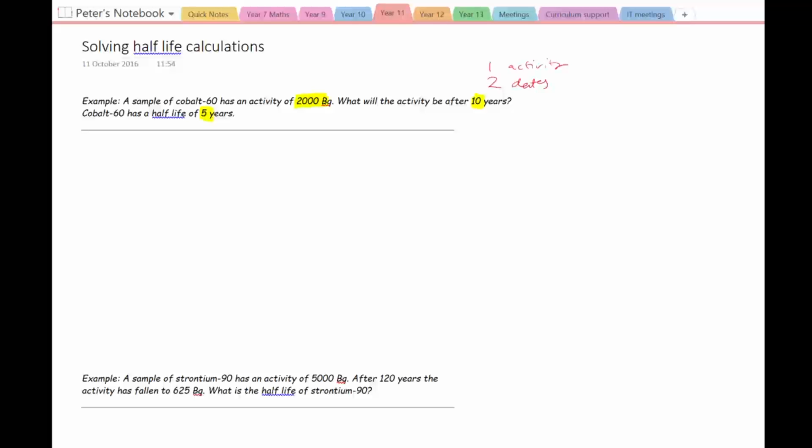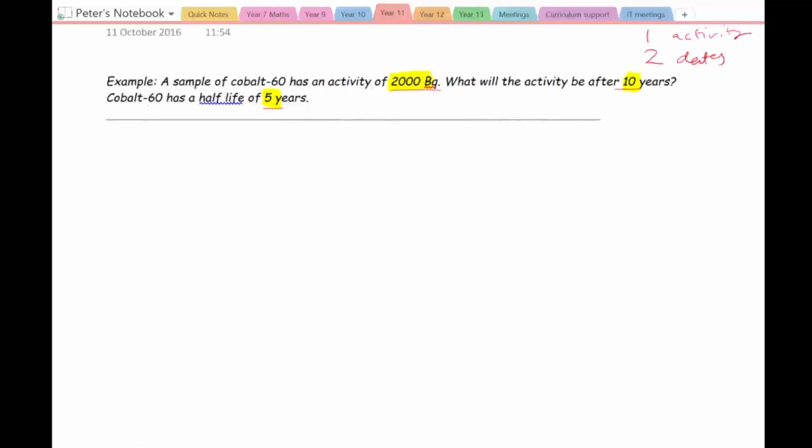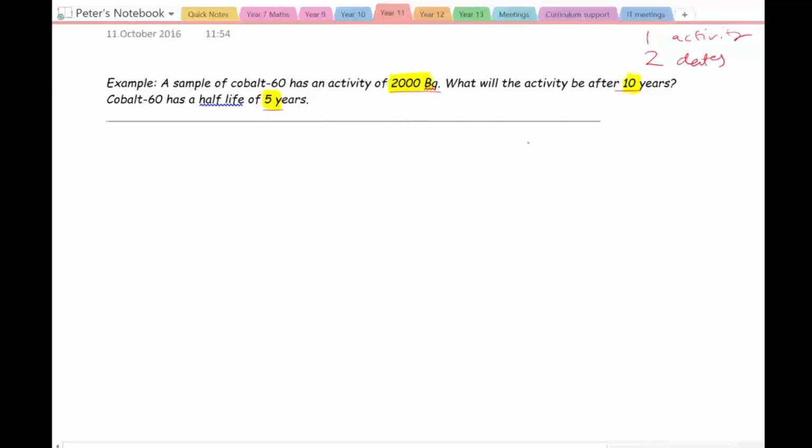So the question says, what will the activity be after 10 years if the half-life is 5 years and it starts with an activity of 2,000? So in order to answer this question, the first thing we need to do is start off with our activity of 2,000 becquerels, and in one half-life we need to understand that would turn into 1,000 becquerels.